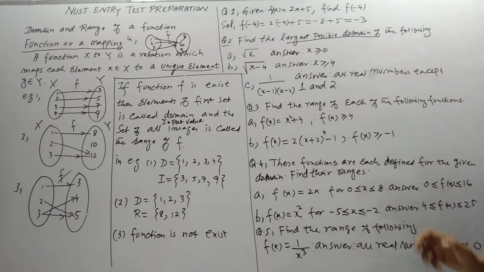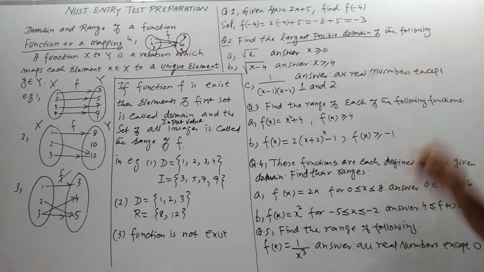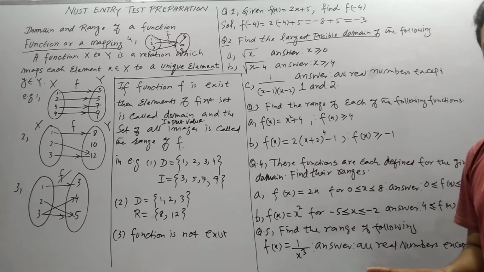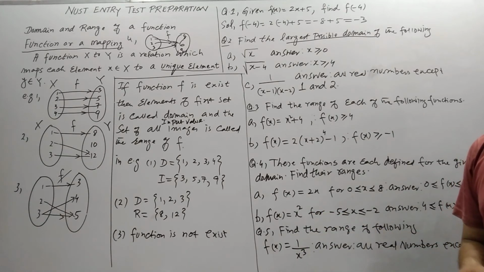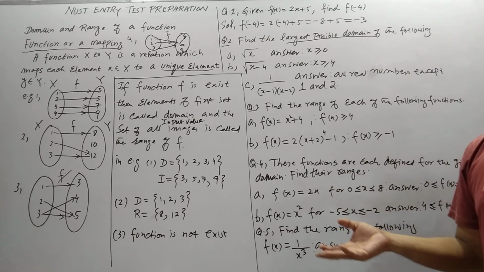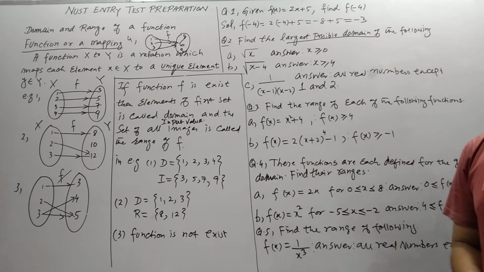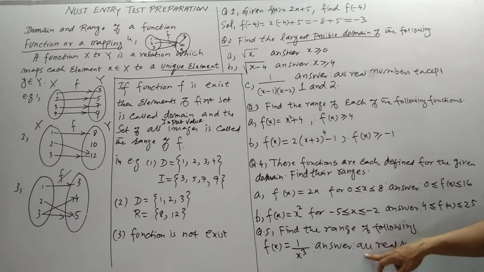Therefore, the answer is all real numbers except 0, meaning 0 must be excluded. Except 0, you can put any real number. If you put 10 over here, 10 cube is 1000, 1 upon 1000 is 0.001, which is your range, but you cannot put 0 directly in x. Replacing x by 0 is not possible. Therefore, this is our answer, all real numbers except 0.